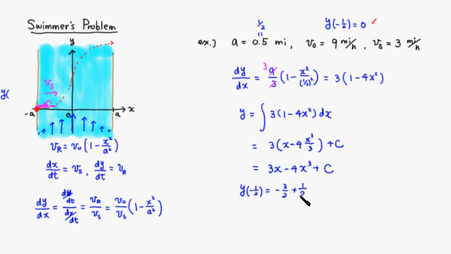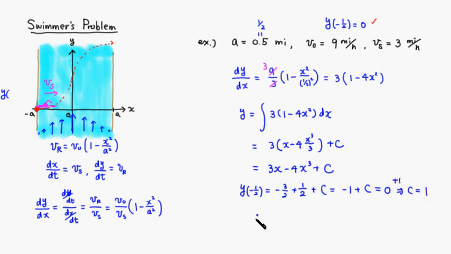So negative 3/2 plus 1/2 is negative 1, plus c. And this is supposed to be 0, so c is equal to 1 by adding 1 to both sides.